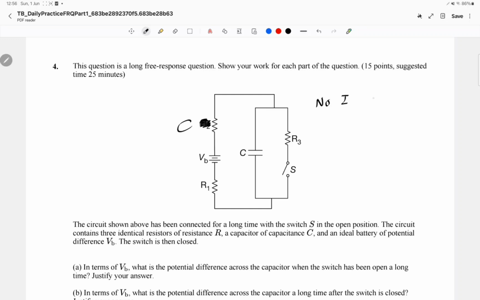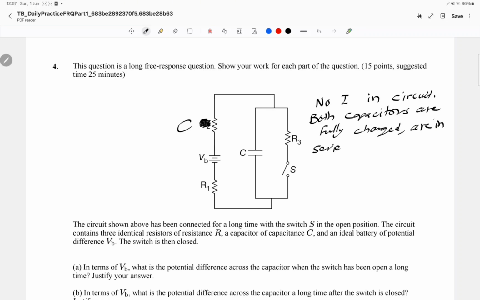There is no current in the circuit. Both capacitors are fully charged, and they are in series with each other, so they will split the voltage among them equally.